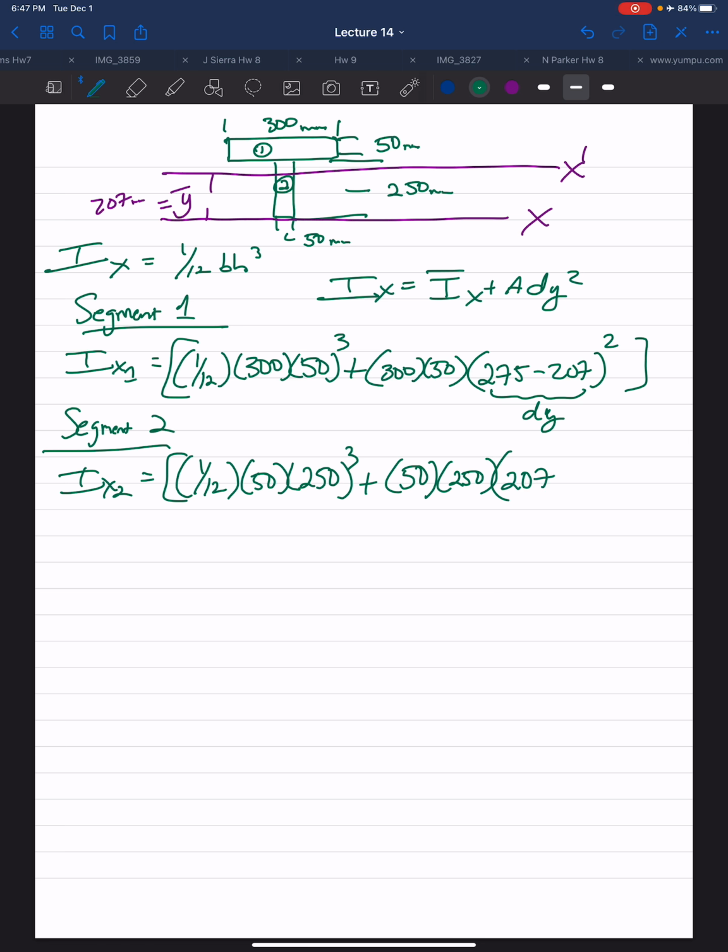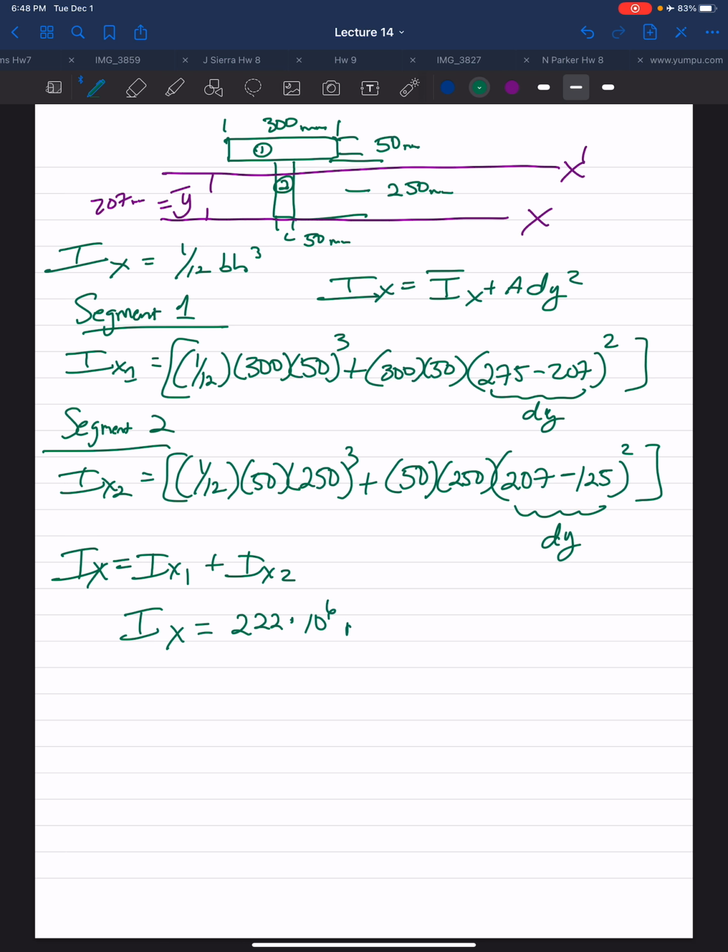So the difference would be our y bar, 207, minus the 125, squared. And once again, this is our dy term. So our moment of inertia about the x prime axis, you do this math, you get approximately 222 times 10 to the 6 millimeters to the 4.